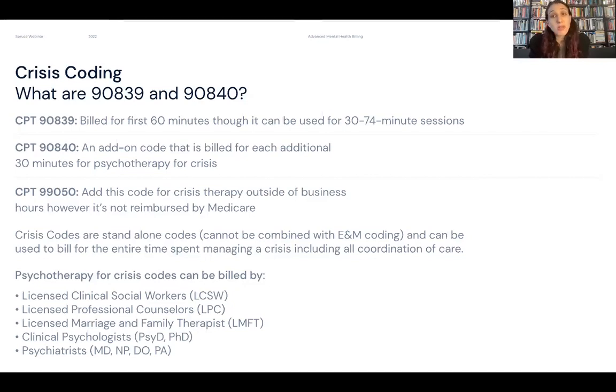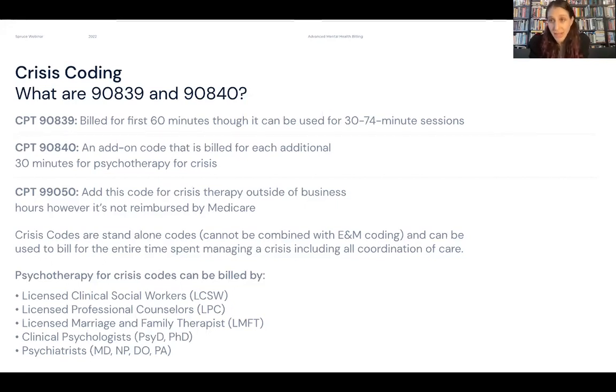Now, if you've done any insurance billing, I'm sure you're aware, different insurance companies will reimburse for these codes differently, and they will reimburse differently depending on your professional degree. So it's not possible for me to easily tell you exactly how much you might be reimbursed as an individual for one of these codes.